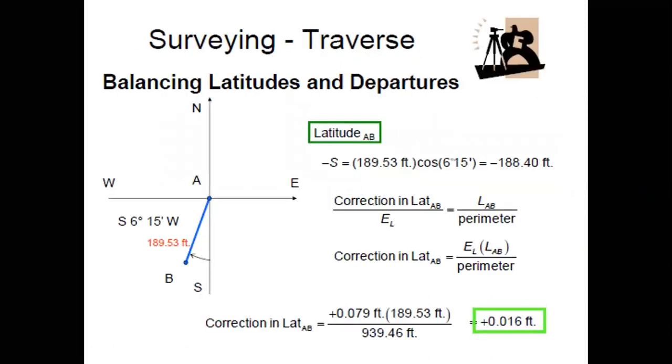Considering again the first line segment, AB, given the bearing and the length, we compute the latitude. This turns out to be negative 188.40, negative since this is along the north-south direction and is going down. Applying the formula, the correction in latitude is equivalent to the total error in the latitude.